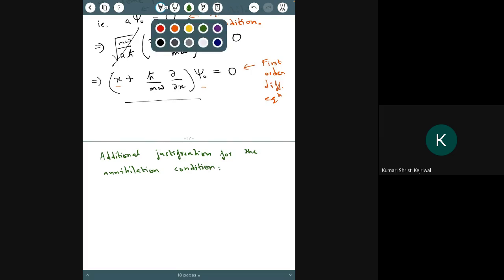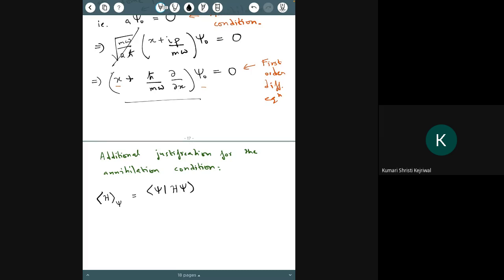If I take the expectation value of H for the wave function psi, it looks like this: psi, h cross omega A dagger A psi, plus half h cross omega psi.